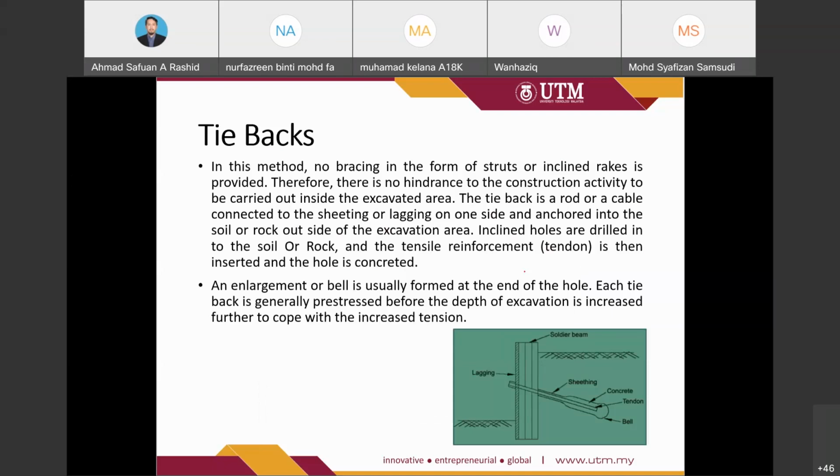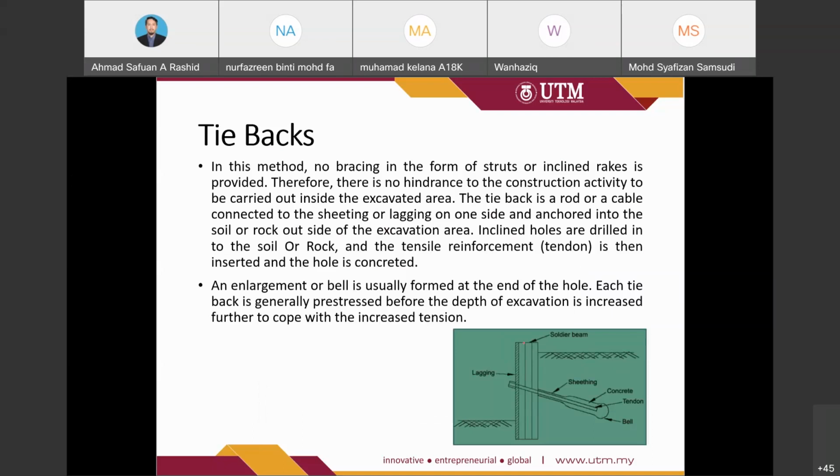Another one is the tie back. In this method, no bracing in the form of struts or inclined racks is provided. Therefore, there is no hindrance to construction activity being carried out inside the excavation area.